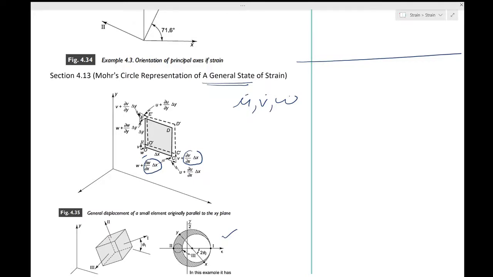And that's the first part of it, that for small strains the out of plane displacement W has no effect on Ex or on the normal strain associated with any axis originally lying in the xy plane. To the same degree of approximation, the displacements dou u by dou x into delta x and dou w by dou x into delta x and so on have negligible effects on the angle C dash, O dash and E dash.